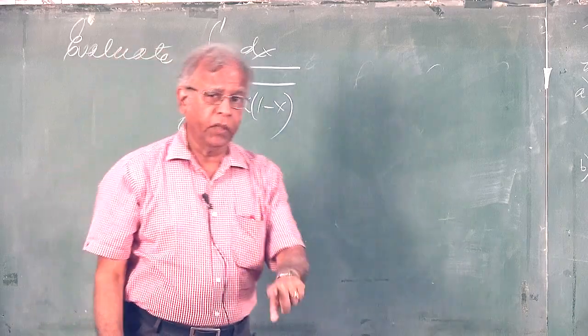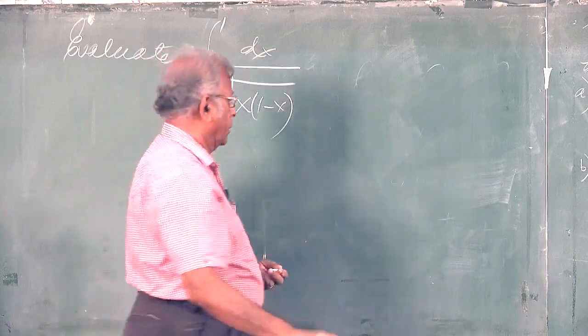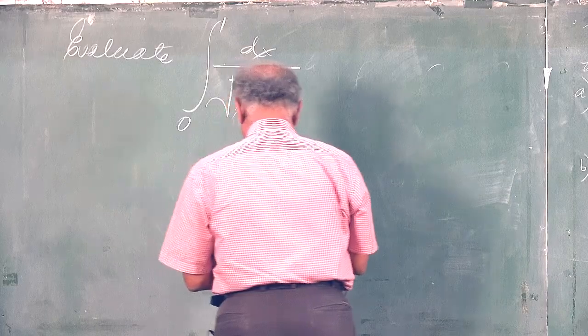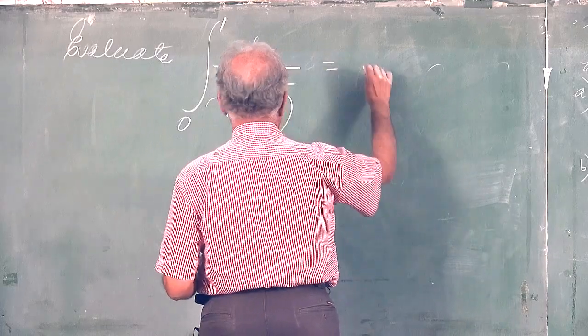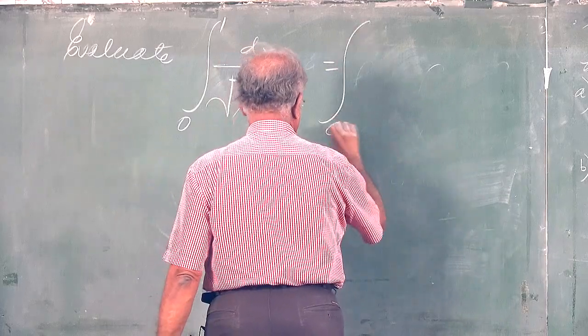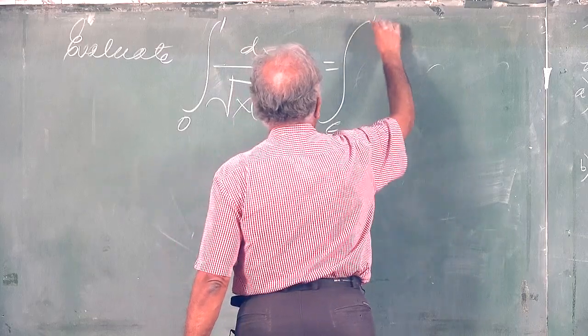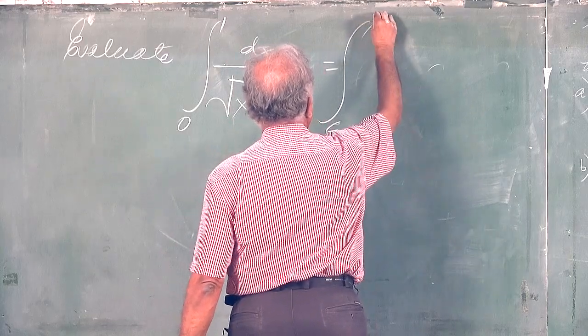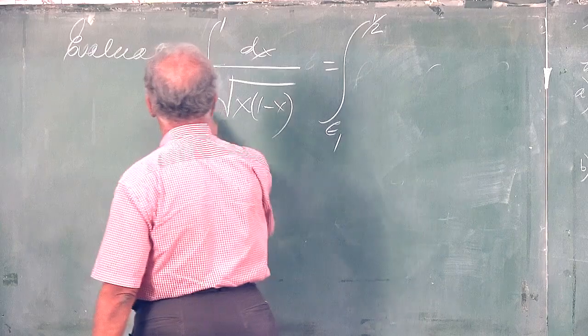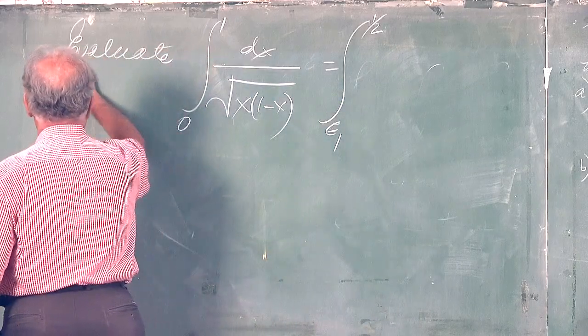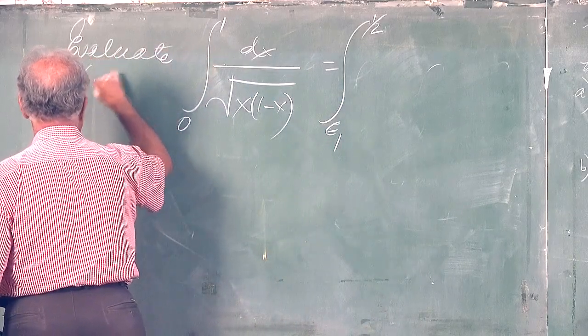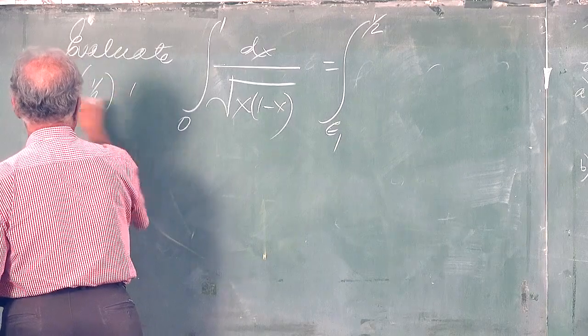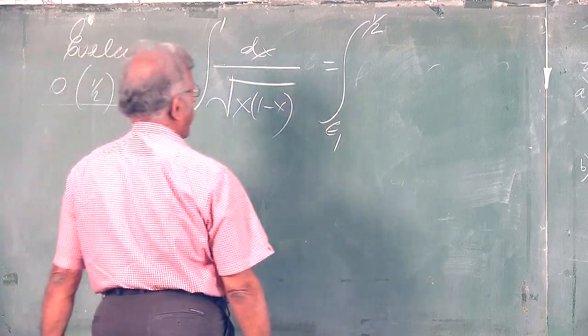So we are compelled to do the following. We take a point in between 0 and 1, the point half, exactly the midpoint of the interval.